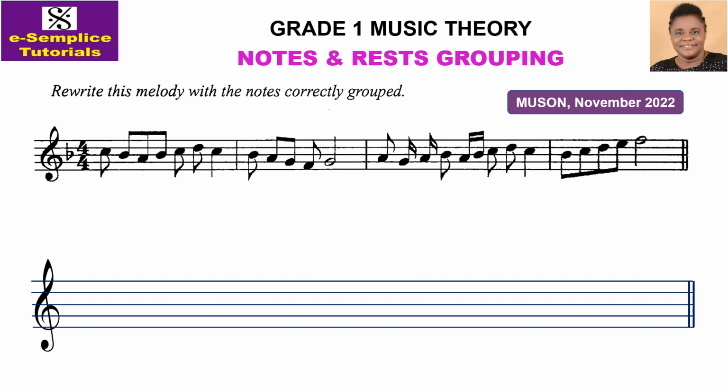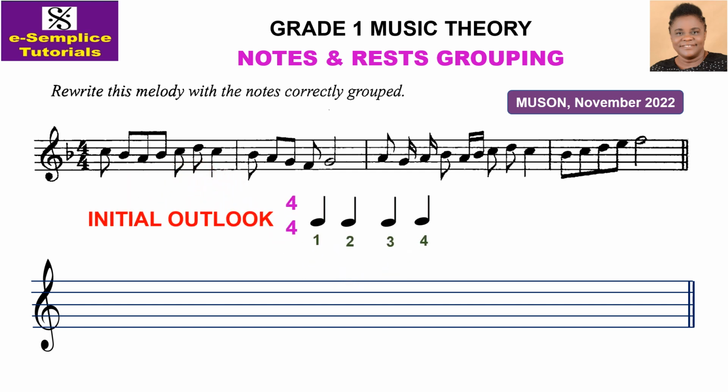This question is from Muson exam November 2022, and it says, rewrite this melody with the notes correctly grouped. It is best practice for you to sketch the initial outlook of time signatures before you start working with them, because it will guide you as to how to group the notes correctly.